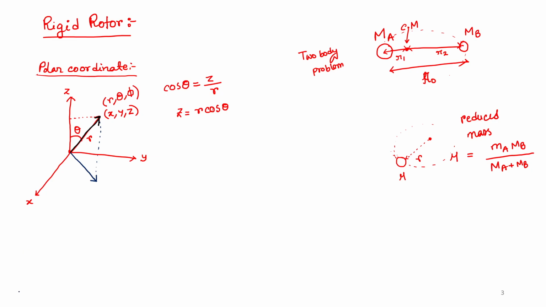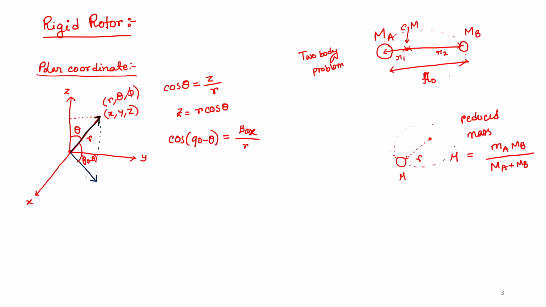So if you see, this angle was theta, and this angle is 90 minus theta, right? Now cos of 90 minus theta is how much? That is the base, which we don't know yet, so I will write it as base by hypotenuse. Hypotenuse is r.